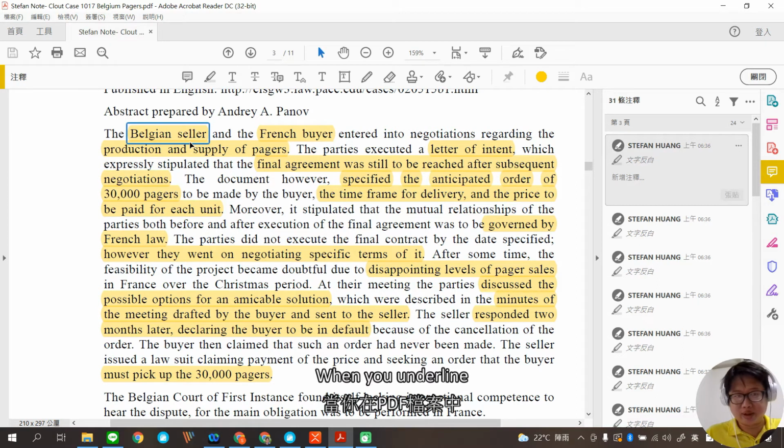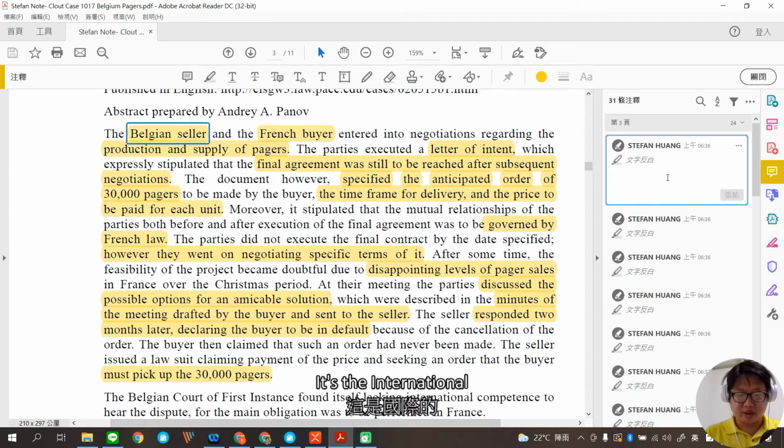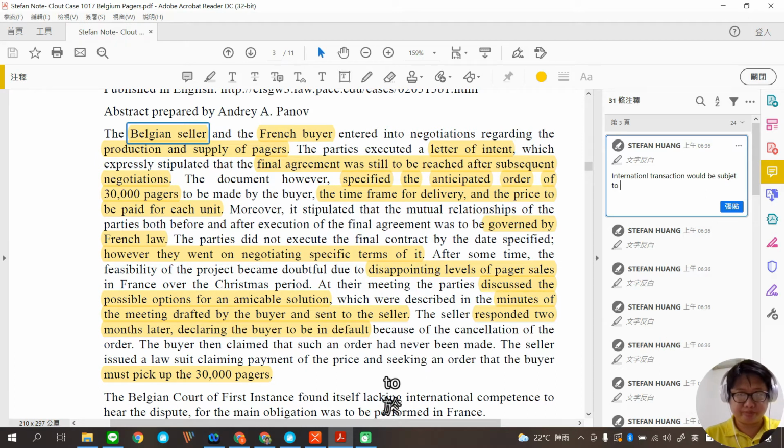When you underline it in a PDF file, you can make a note like: it's an international transaction that would be subject to CISG.